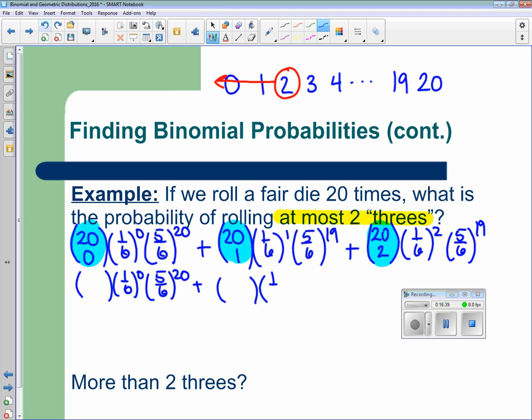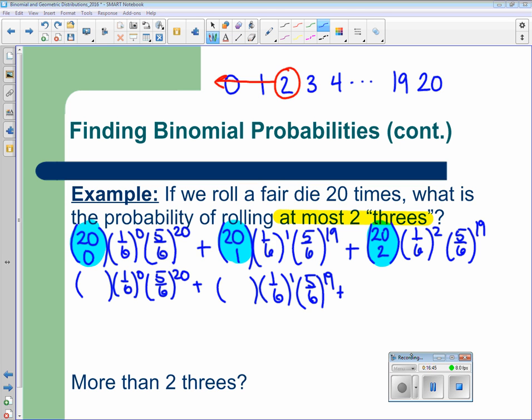I'm going to leave those blank, because the way you type in 20 choose 2, 20 goes first, then you do your nCr, then you do your 2. You'd have to put parentheses around that and then go on. And to me, that's way too much to do at one time. It's possible, but you have to be really careful with your parentheses because this and that are on the outside of the nCr.